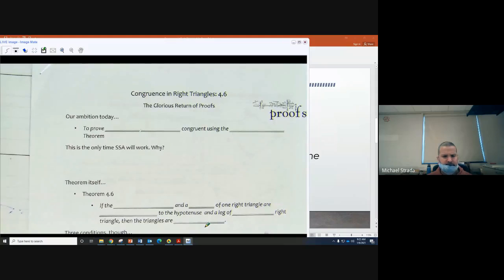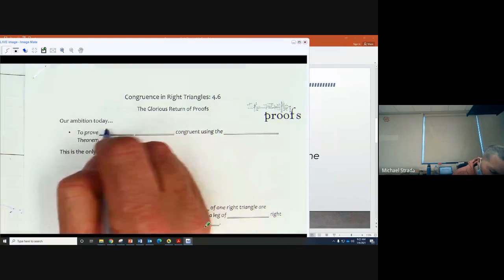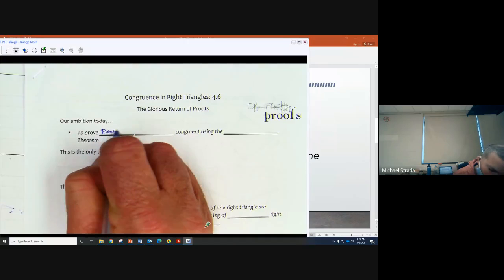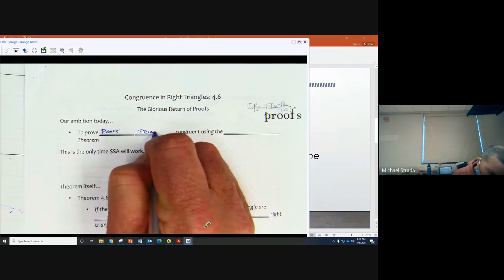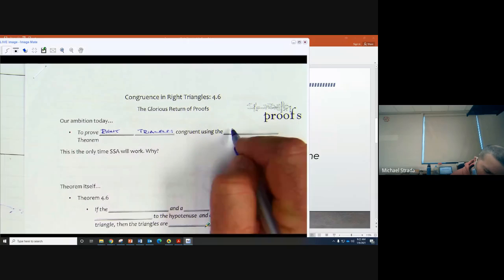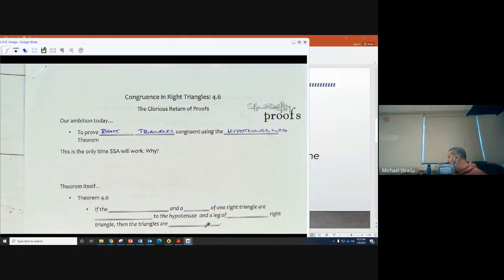It connects a lot better. Our ambition today is to prove right triangles congruent using what we call the hypotenuse leg theorem.